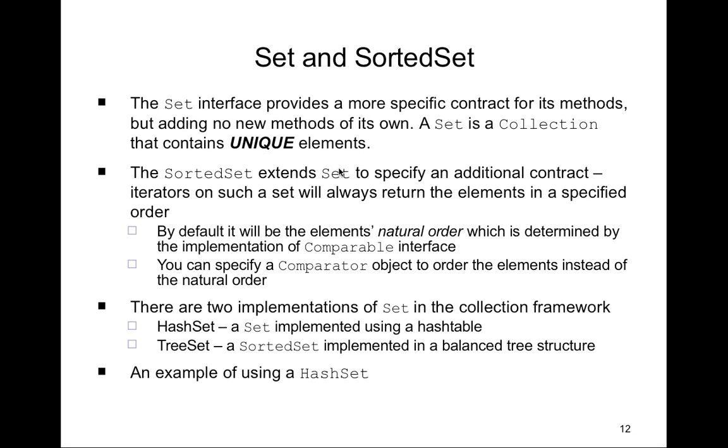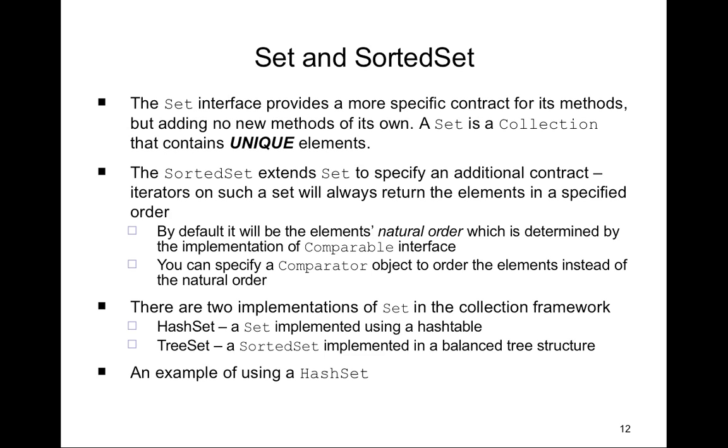So by default, it will be the element's natural order, which is determined by the implementation of the Comparable interface. So remember that comparable object? We used a comparable object. We use an iterator to iterate through the list, and Comparable to compare objects. Is this one bigger than that one? Is this one less than that one? Does this one fall in the alphabet lower or higher?